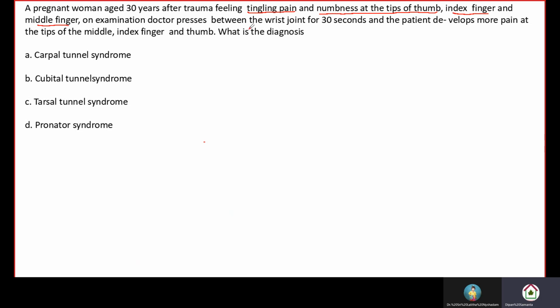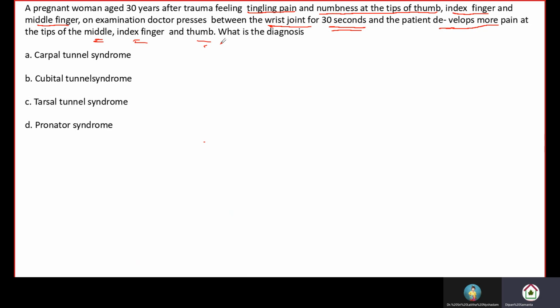On examination, the doctor presses over the wrist joint for 30 seconds, and the patient develops more pain at the tips of the thumb, index and middle finger. Diagnosis: carpal tunnel, cubital tunnel, tarsal tunnel, or pronator syndrome?